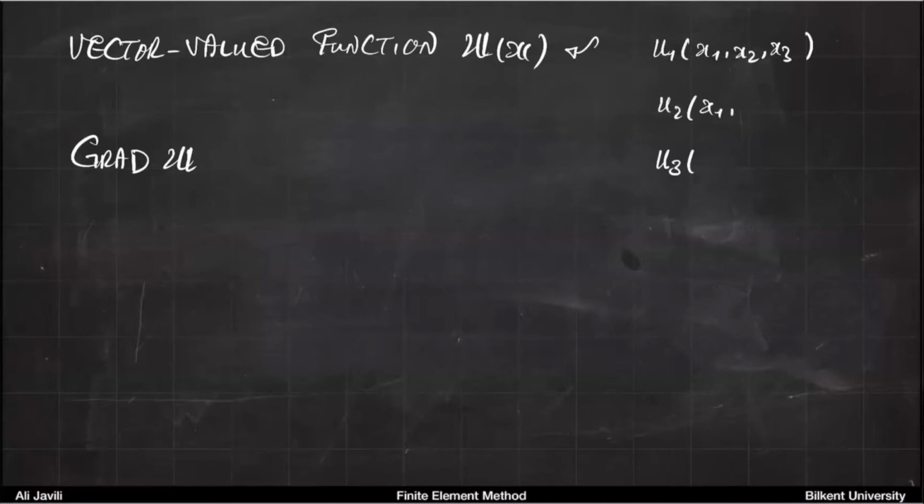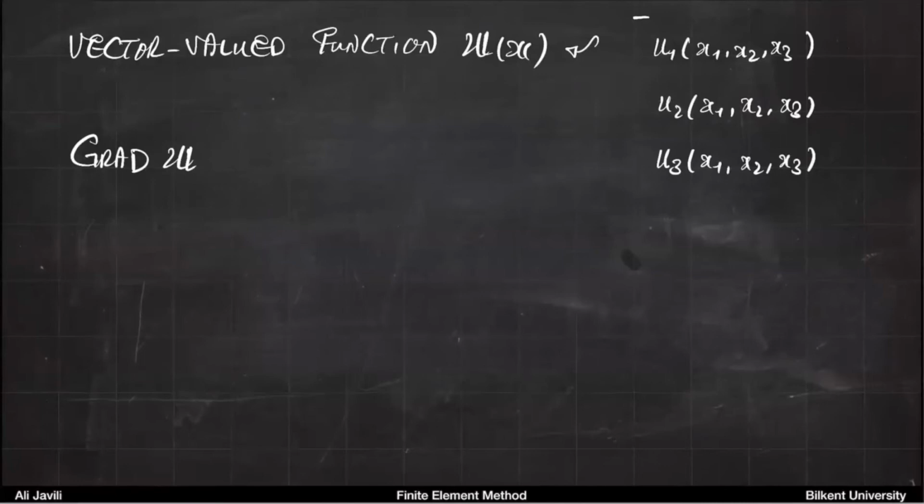This is the situation here. And then again, you can use these brackets to remind yourself that this is, let's say, a 3x1 matrix or array, or otherwise you call it a vector.